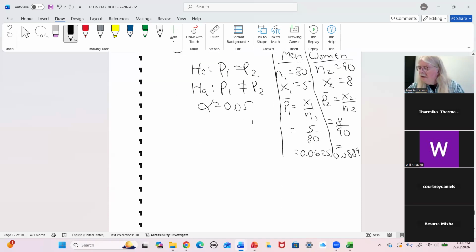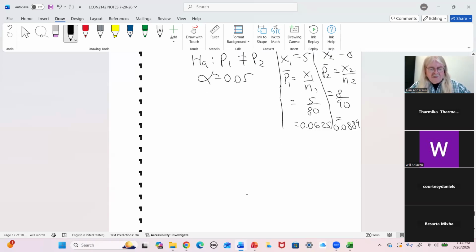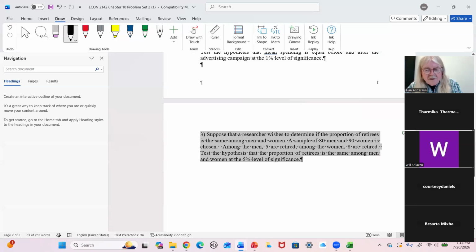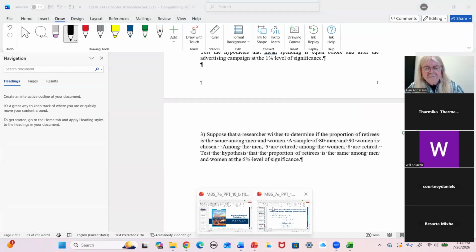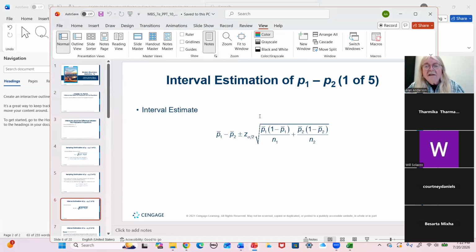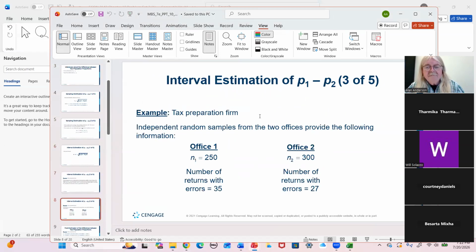Now, for this one, the test statistic is, let's see. Oh, yeah, it's this one. Actually, I'll tell you what, let's go back to 10B and show you where to find this. That's for the confidence intervals.